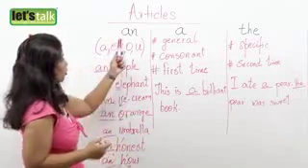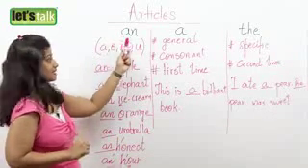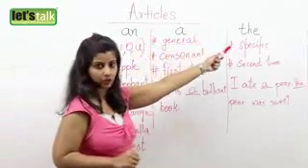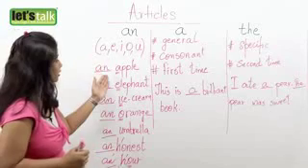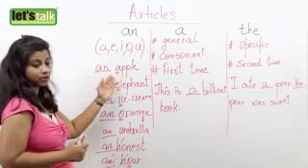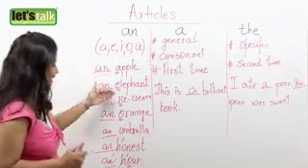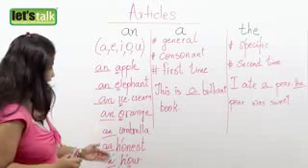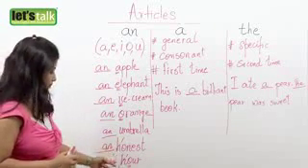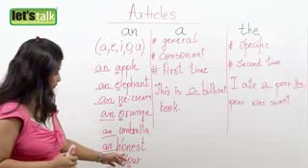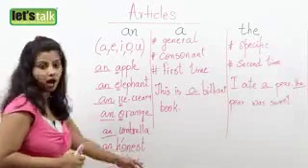Okay, so we learned 3 articles, that is an, a, and the. I told you that an is supposed to be used before the word beginning with a vowel, that is A, E, I, O, U. Okay, there are exceptions like honest and hour, where an H becomes silent and we pronounce it as honest and hour.